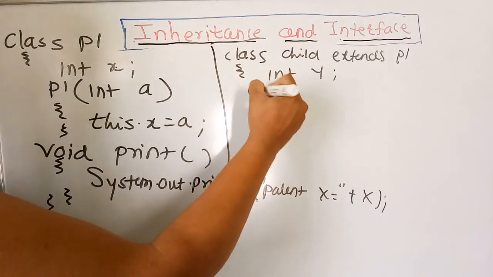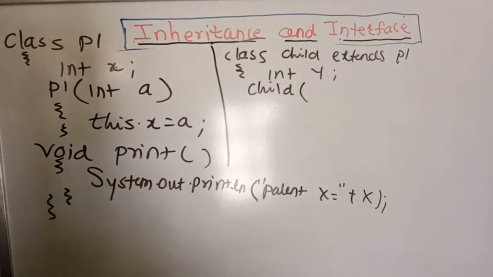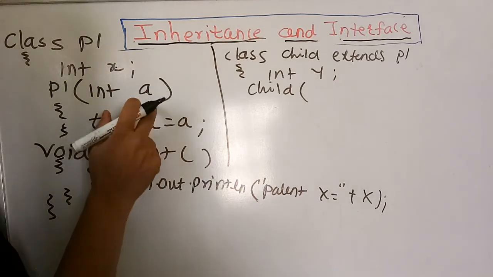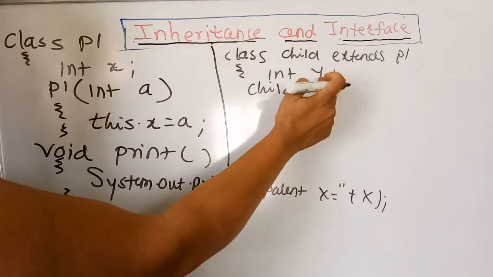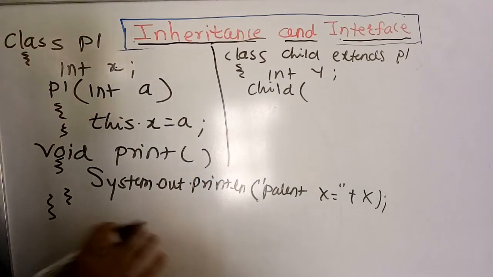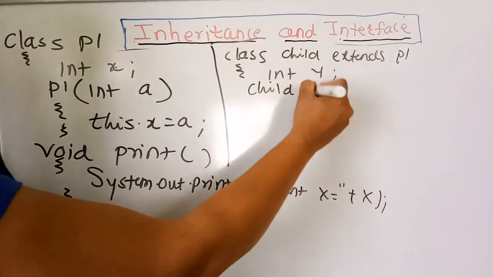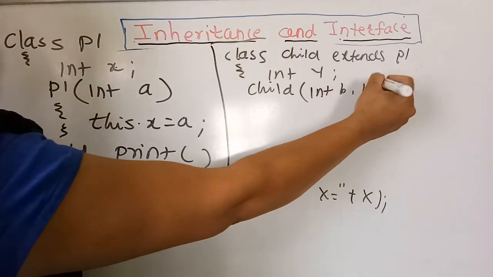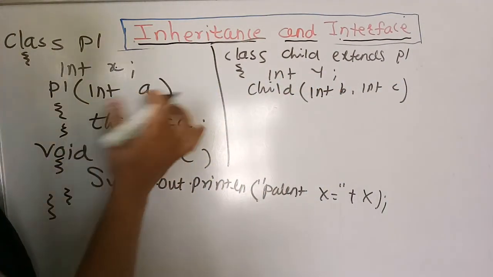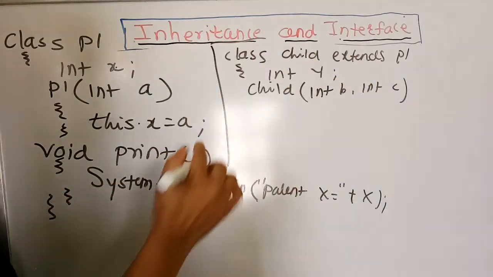We will create one constructor. What does this constructor actually do? It will accept the parent's variable and also its own variable. We will write two separate variables for both: one for the parent class number and the second for the child class number.